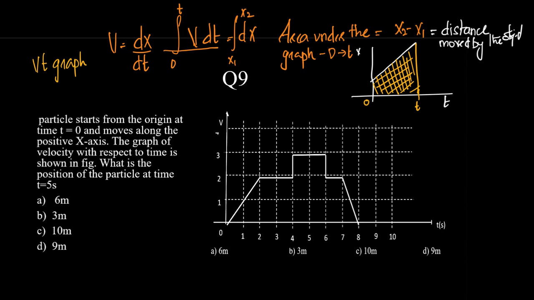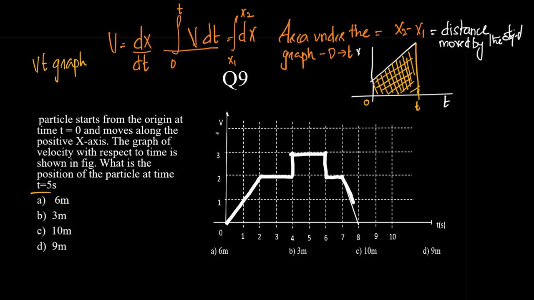What we are asked to find out is the position of the particle at time t equal to 5 seconds. See, at t equal to 5 seconds, where is the graph? There's a minor mistake in drawing the graph here. It actually goes through 3, not below 3, and it is through 2, not below 2.